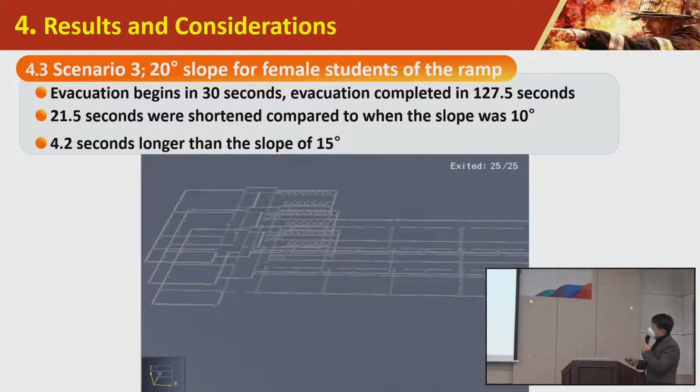Evacuation completes in 127.5 seconds. 21.5 seconds were shortened compared to the slope at 10 degrees, and 4.2 seconds longer than the slope of 15 degrees.